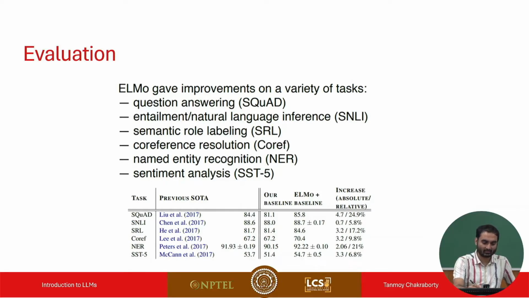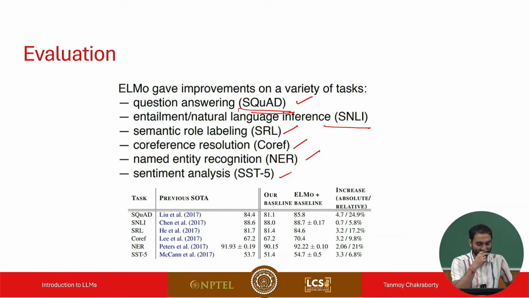It was tested on different tasks, question answering tasks, SQuAD question answering tasks. The SQuAD dataset was proposed by Stanford again in 2017, 2018, during that time. We'll talk about it later. Another task was natural language inference task, right? Semantic role labeling task, co-reference resolution task, named entity recognition task, sentiment analysis task.